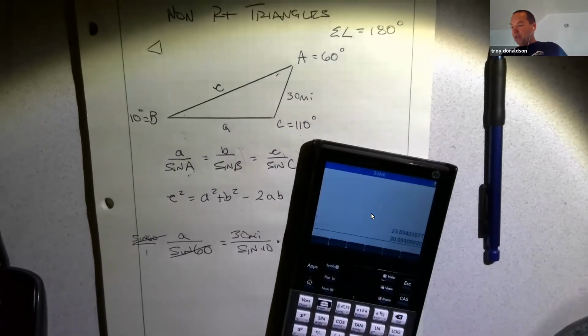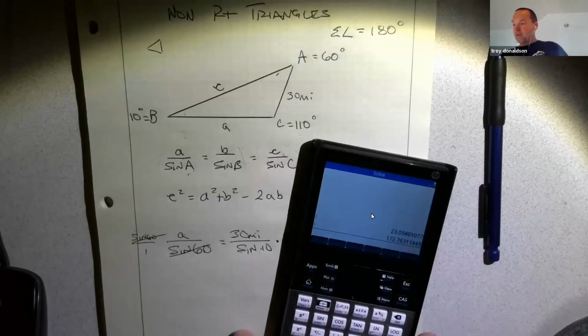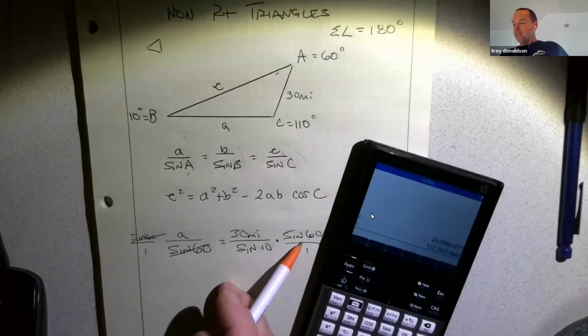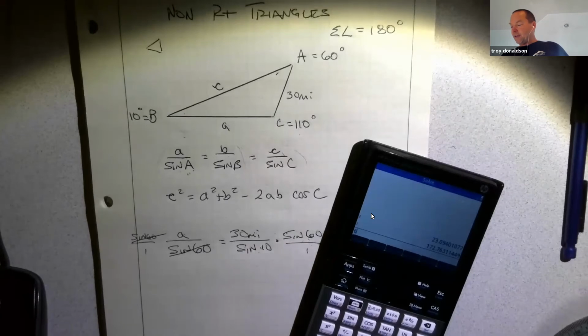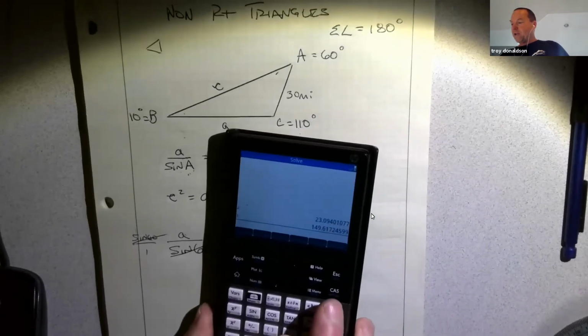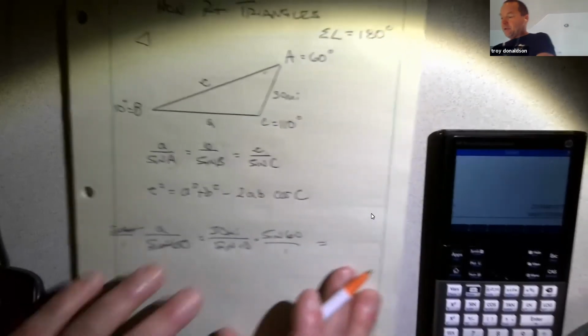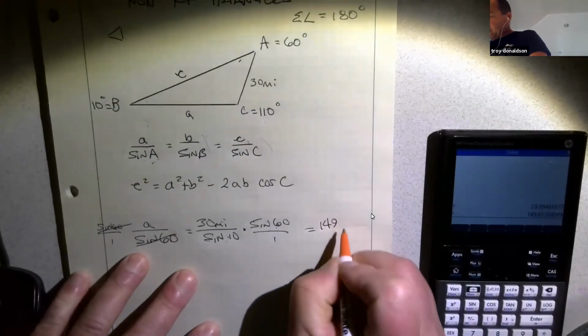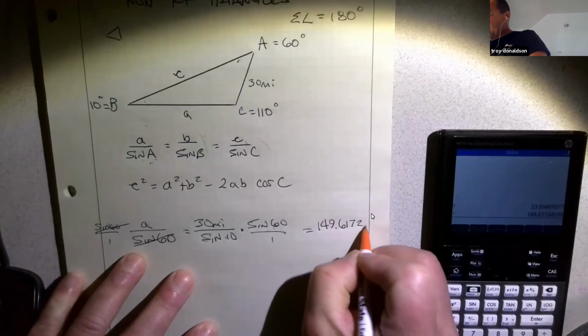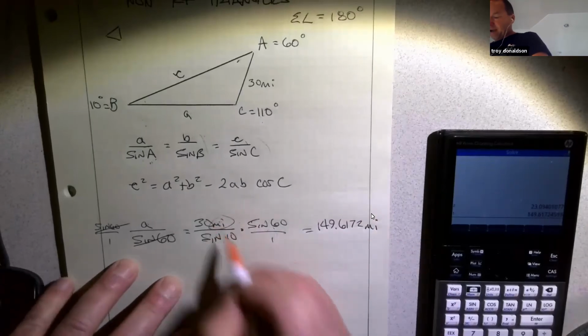I have the 30. And then I'm going to need the 10 sine, and I'm going to need to divide that. So that's the 172. And now I need to multiply by sine 60. And it looks like it's 149.6172 miles, because the miles stays there.